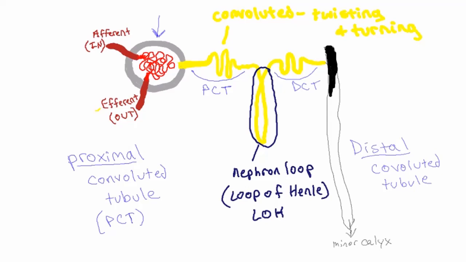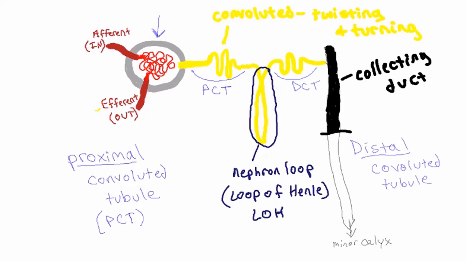Now this duct has two parts to it. There's the top half and the bottom half. The top half is called the collecting duct, because the top half is where all of the nephrons' distal convoluted tubules empty in there. It empties into the collecting duct, which is the top half of this duct.